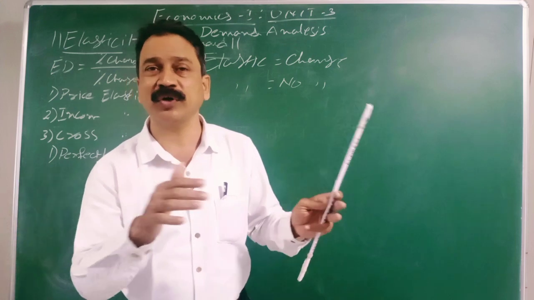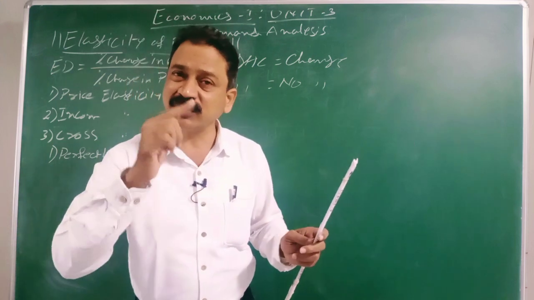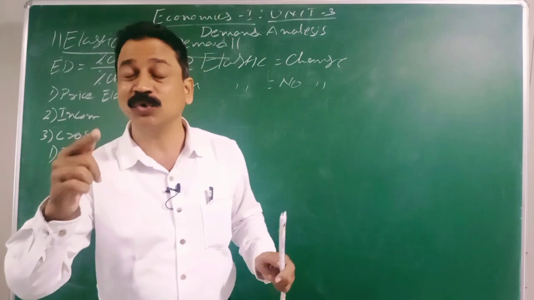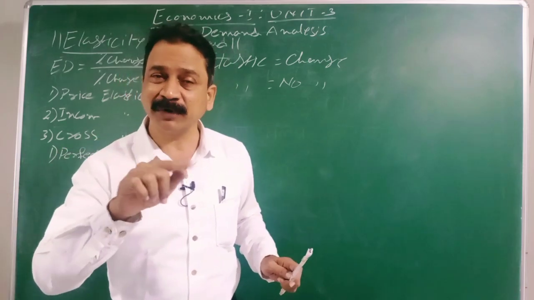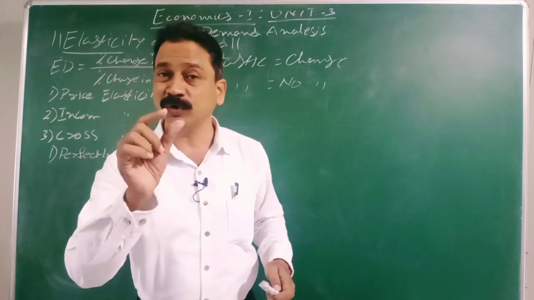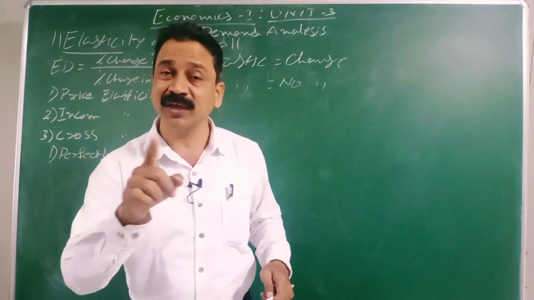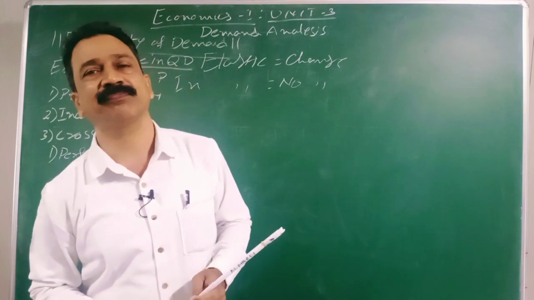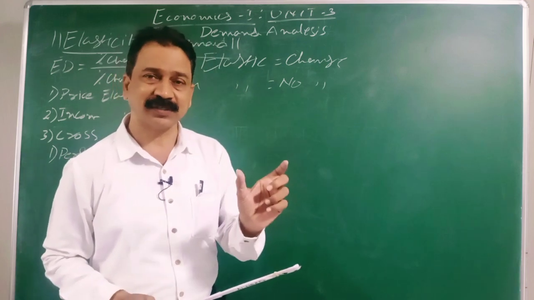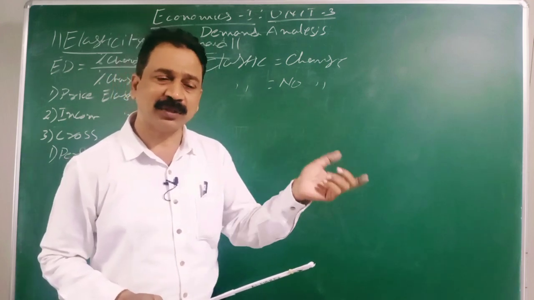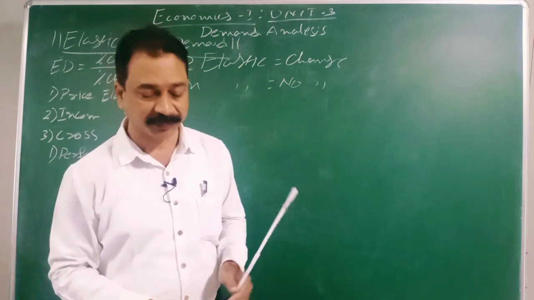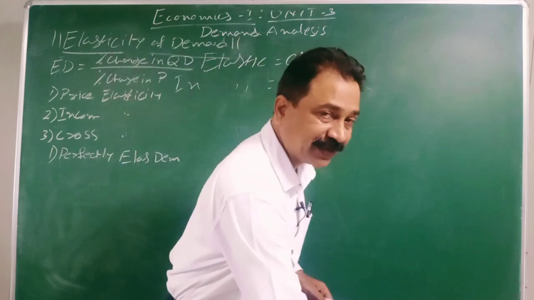All the students start going to college. All of a sudden, without any change in the price, demand for pens increases. And what else? School bags. Whether there is a change in the price or not, demand for school bags increases. For notebooks, demand increases, even though there is no change in the price. What does it show? It shows simply that some commodities in some seasons, whether there is any change in the price or not, a percentage change in the demand will be seen. That we are going to see in detail.